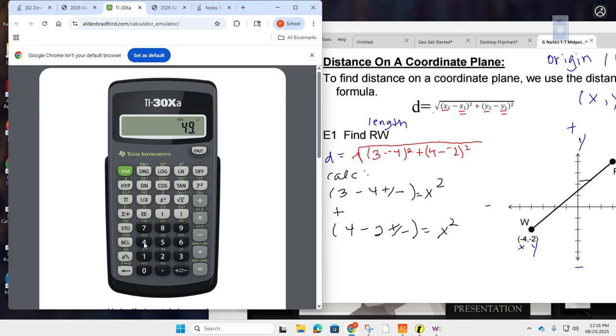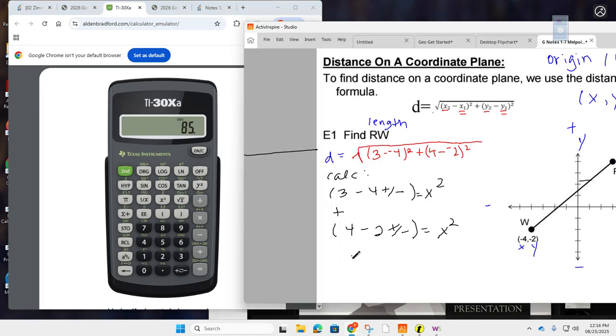Left parentheses, 4 minus 2, negative button, close the parentheses, squared, and then equal. Now, the square root of x button.